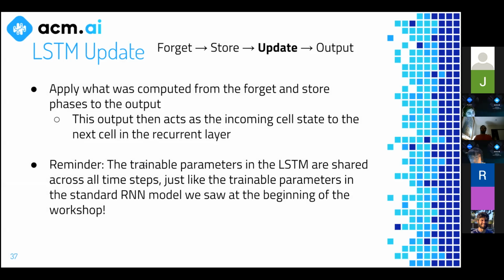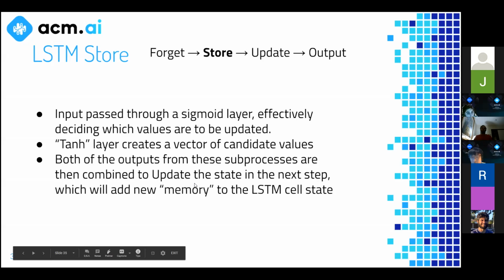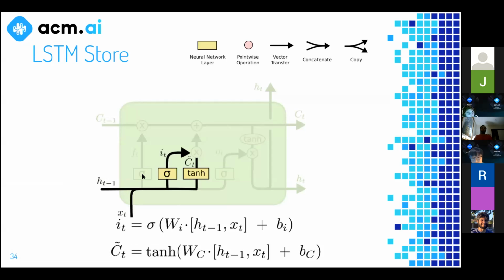Yeah. Now, another reminder is the trainable parameters in this LSTM are shared across the time steps, just like for the RNN. So we have 3 sets of weights to think about that we've discussed so far: this one for the forget, and then 2 sets of weights for the storing.